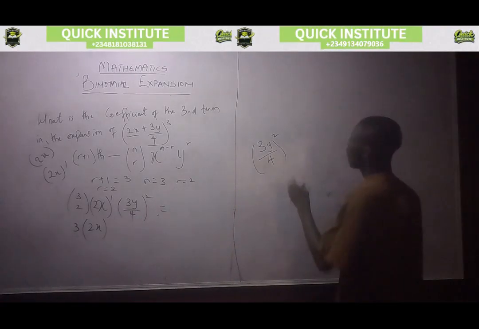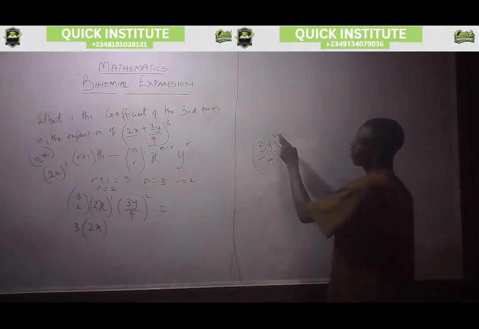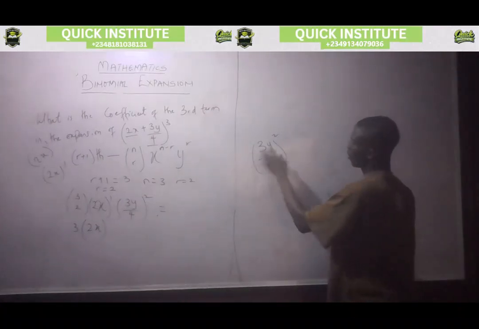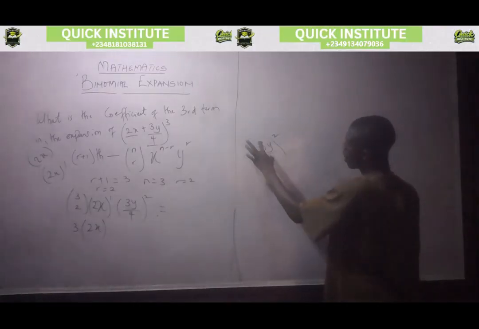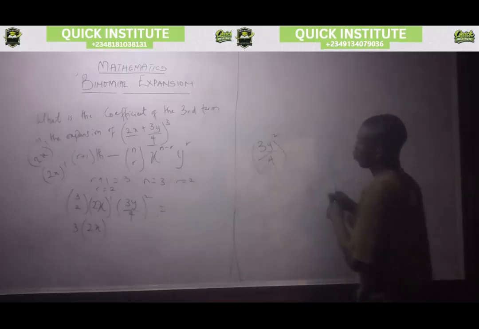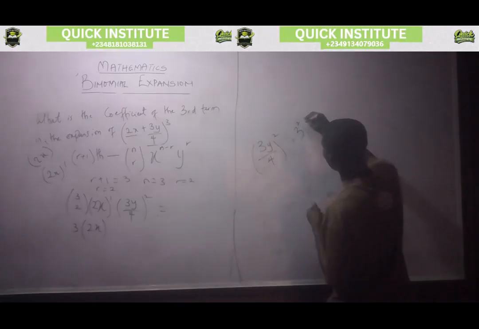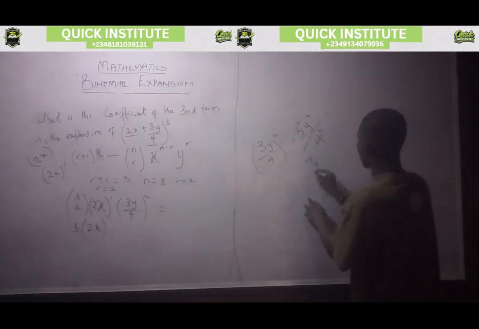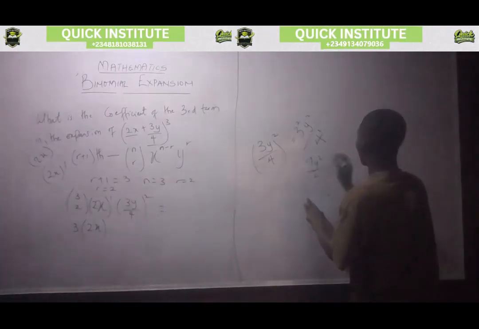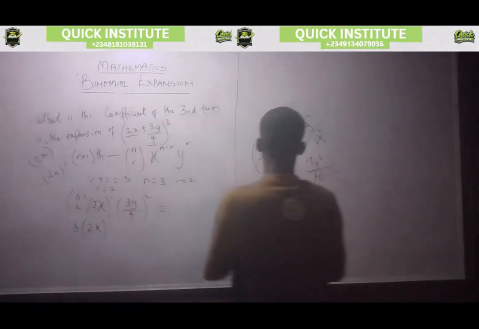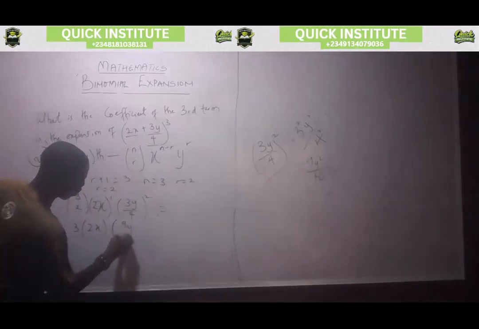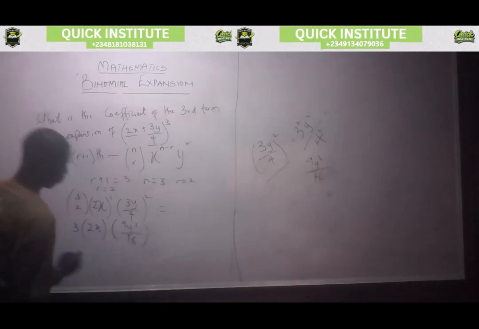Note that everything in the bracket that is raised to a power, the power is distributed over everything in the bracket, which is 3 square y square over 4 square. So 3 square is 9, and y square over 4 square is 16. So we've solved this to be 9y square over 16.